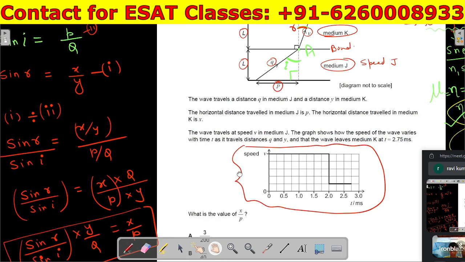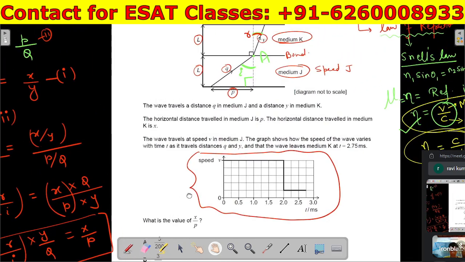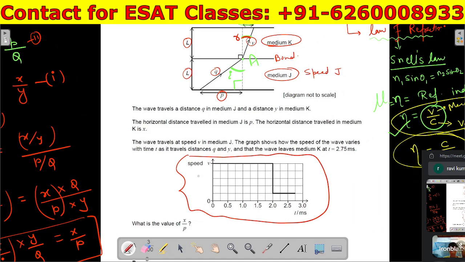That's another tricky point here. It's a very conceptual question. You can see that there is no value mentioned on the y-axis, isn't it? But we are interested in the ratio of speed. First get the complexity of the question.